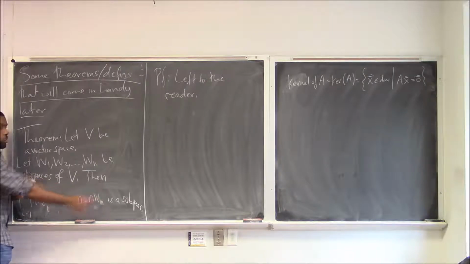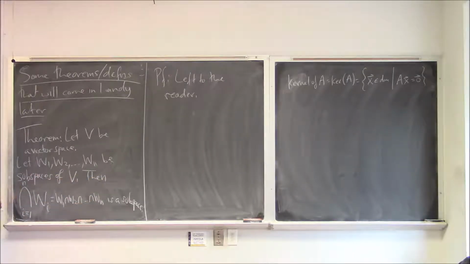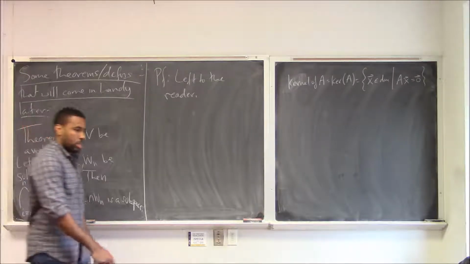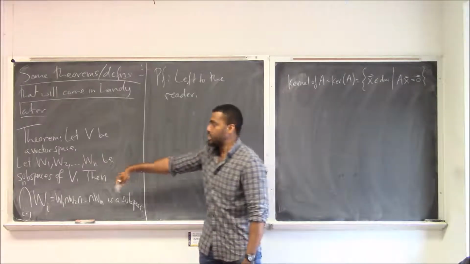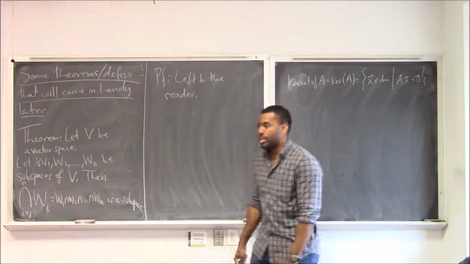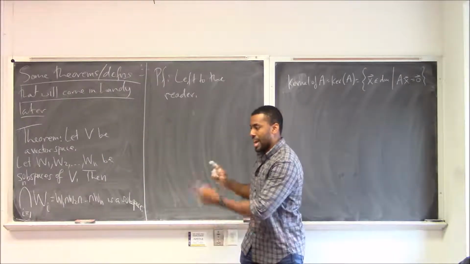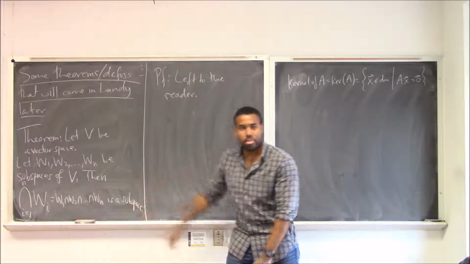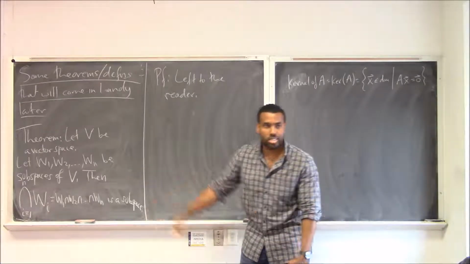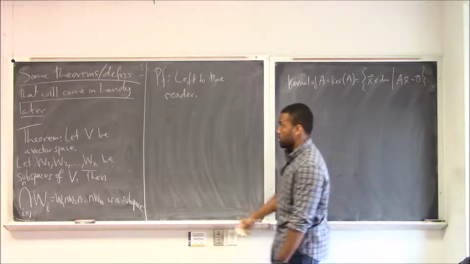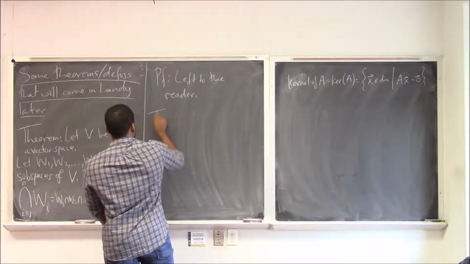That's true for every one, so it's true for the entire intersection. Then you can do the same kind of argument with scalar multiplication. Because everybody is a subspace, adding them gives a member of everybody, and if the sum is a member of everybody, it's a member of the intersection. So that's not so bad. There's another theorem.